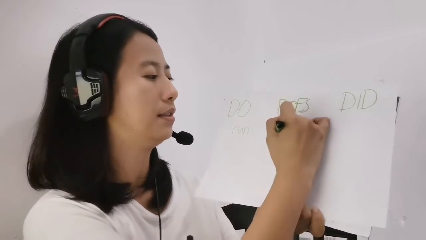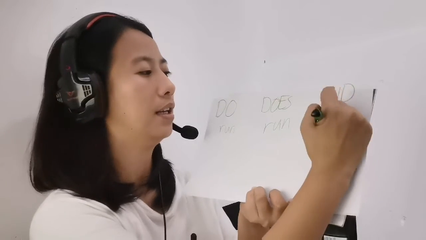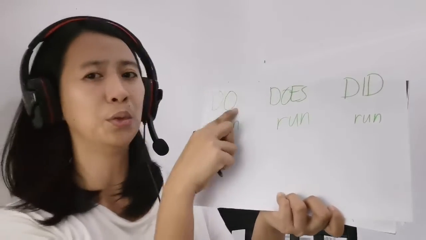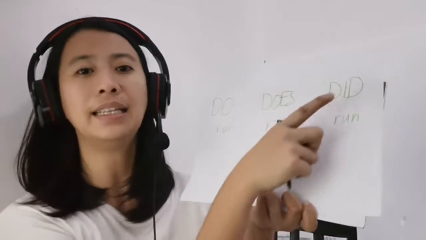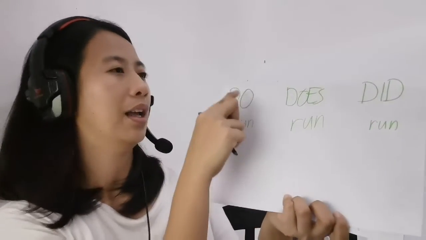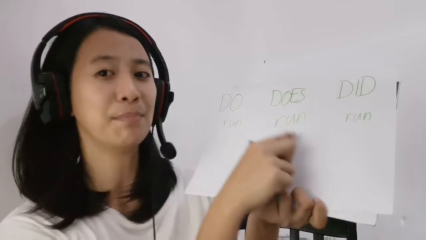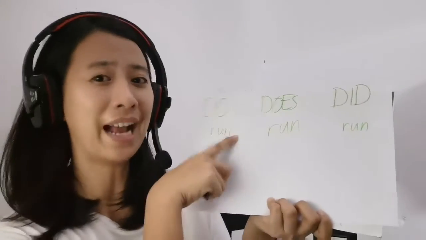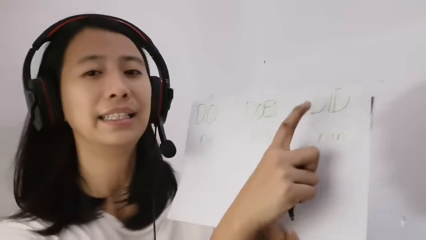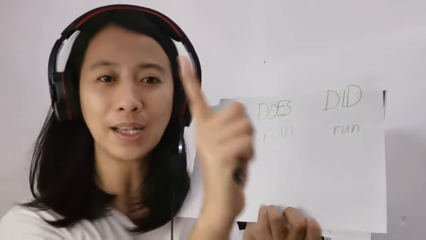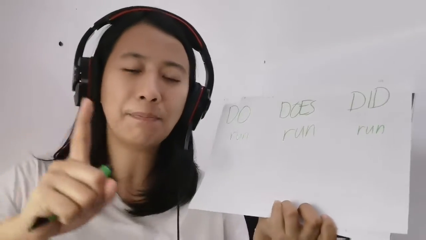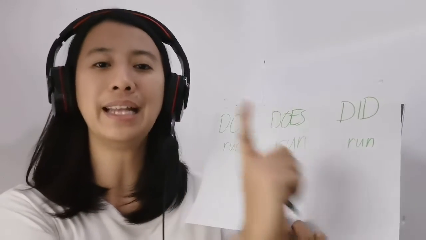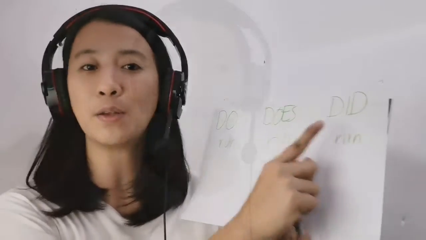So do run, does run, did run. It won't change at all. Or do eat, does eat, did eat. Or do smile, does smile, did smile. Or do write, does write, did write. That's one tip. These words are used together with an action word in the base form.